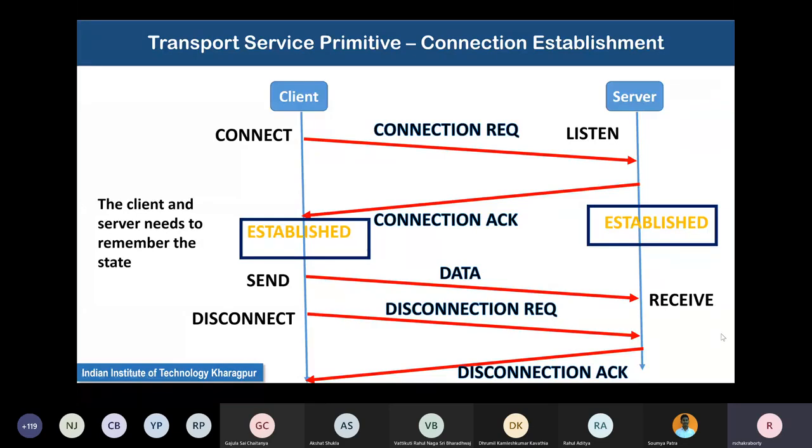Again, notice these special timing diagrams where the time axis points vertically downward. This is the type of timing diagram in computer networks that you will have to get used to. Notice that in this diagram, intentionally, to keep things simple, data flow has been shown to be kind of unidirectional, as if only the client is sending data to the server. This is not the case in practice.